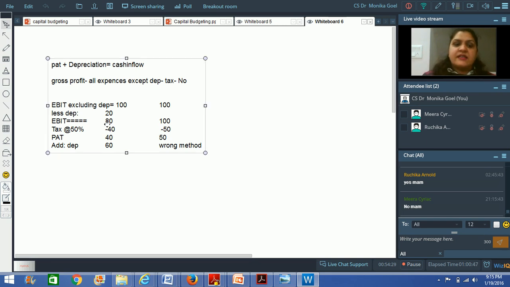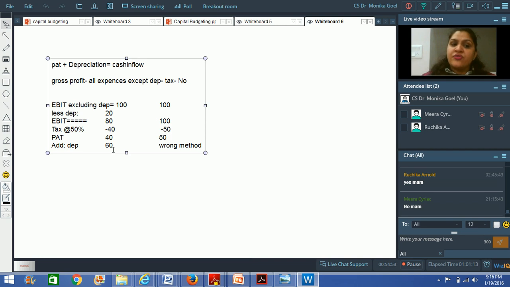Why am I adding depreciation after charging taxes? Yes, no, tell me. It's not clear. See, what I'm trying to say is that depreciation is an expense.